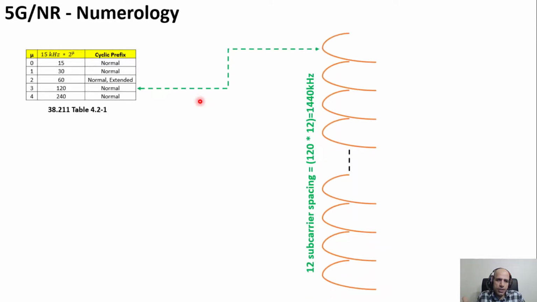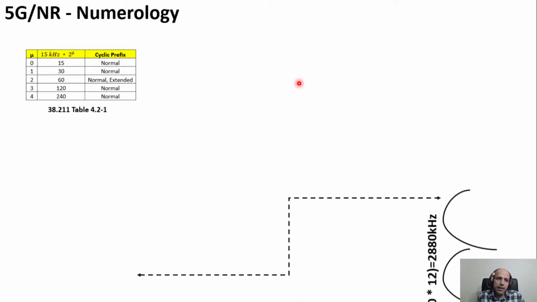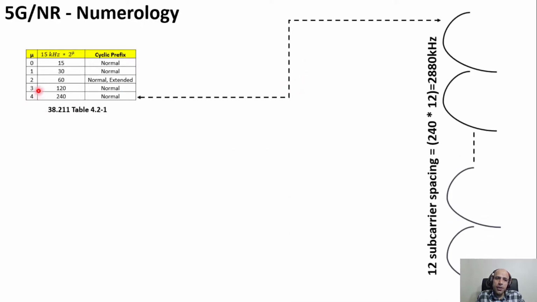And when mu is equal to 3, your subcarrier spacing will be 120 and your PRB will be 1440 kilohertz. And finally, with mu equal to 4, your subcarrier spacing will be 240, your cyclic prefix will be normal, and your PRB length will be 2880 kilohertz.